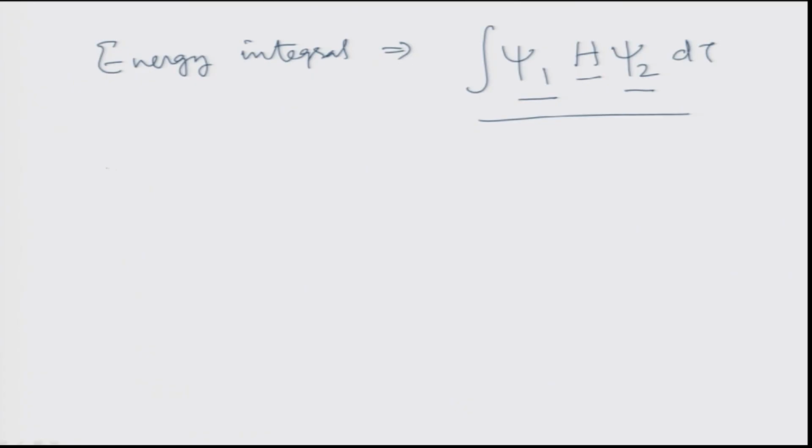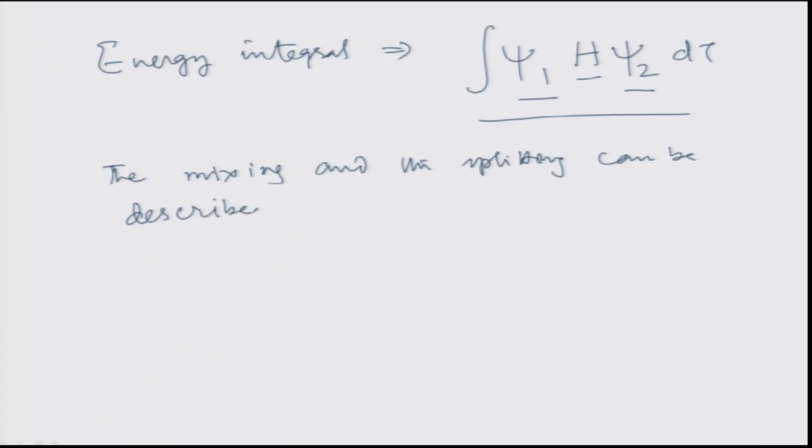So the mixing and the following splitting can be described by a second order secular equation. We have seen this secular equation earlier, and we solved it and found the energies for the very same naphthalene molecule. So how will this look?